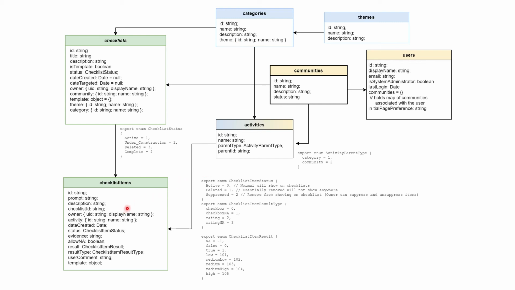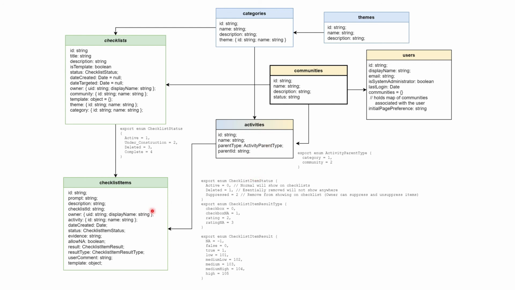Something else I wanted in the old version and in the new version was checklist items. I wanted to be able to put metrics or reports together on how well teams might be doing as they check off checklist items. So maybe they're working on a certain checklist, say for automotive repair, and there are certain things that they check off, and what I was doing was grouping them into activities.